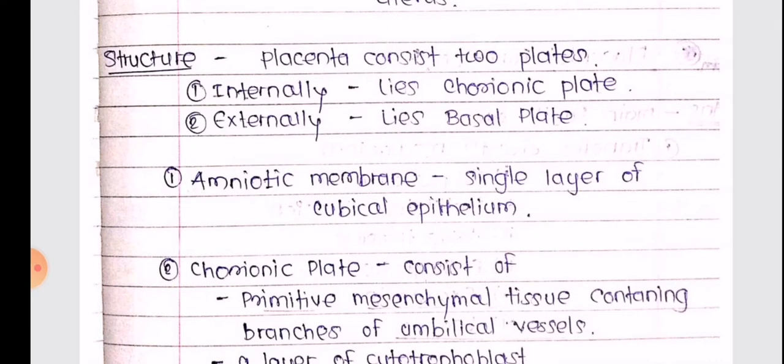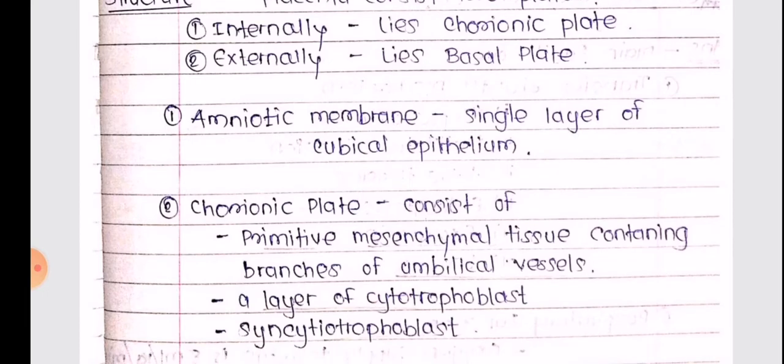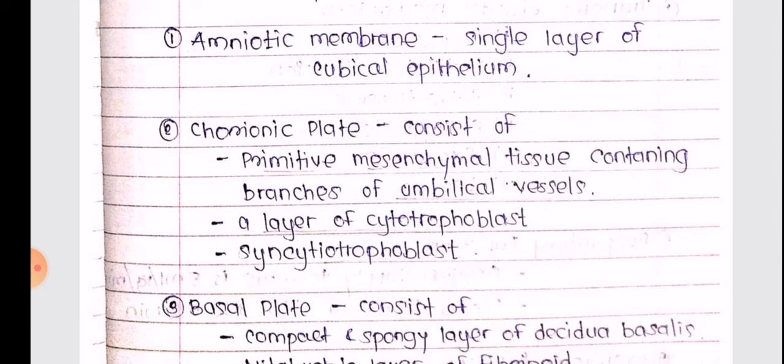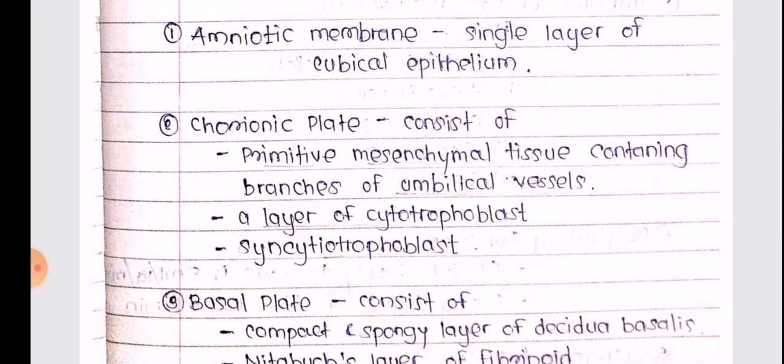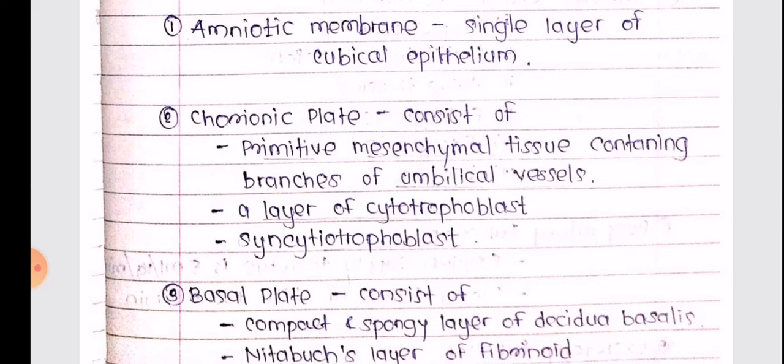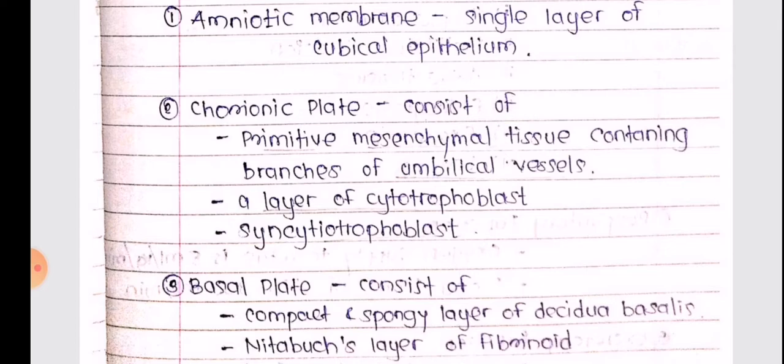Now let us look into the structure of placenta. Placenta consists of two plates. Internally lies the chorionic plate and externally lies the basal plate. Amniotic membrane: single layer of cuboidal epithelium. The chorionic plate consists of primitive mesenchymal tissue containing branches of umbilical vessels, a layer of cytotrophoblast and syncytiotrophoblast.